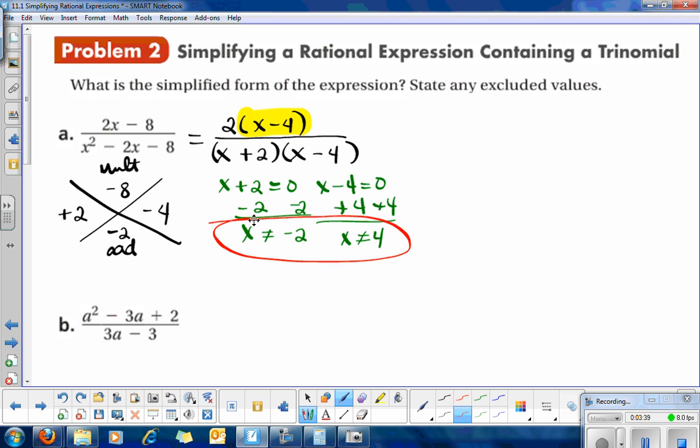And again, all you had to do was set each of the binomials equal to 0. So now we can go ahead and cancel the x minus 4 and x minus 4, and then your final answer is 2 over x plus 2. Final answer. Now let's take a look at problem B.